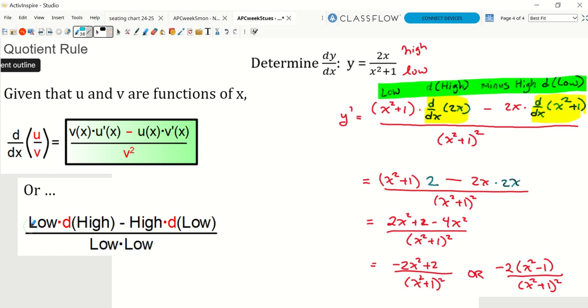Now, low d high minus high d low, let's see it in practice here. So if we want to get y prime from y, let's do low, derivative of high, minus, remember this time it is minus for quotient, minus high, d low.